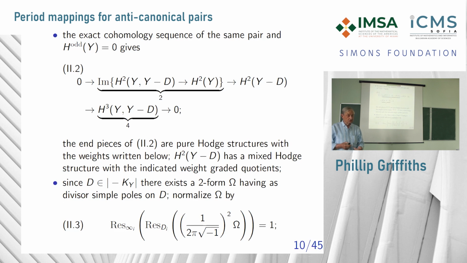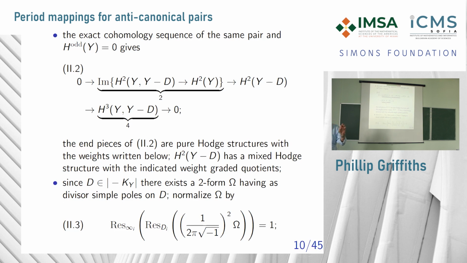That has weight 0 in the mixed Hodge structure. The dual of that would have weight 4, and that's what this thing here is. Okay? If it has weight 4, and it's on the second cohomology, that means that the Hodge type is 2,2.